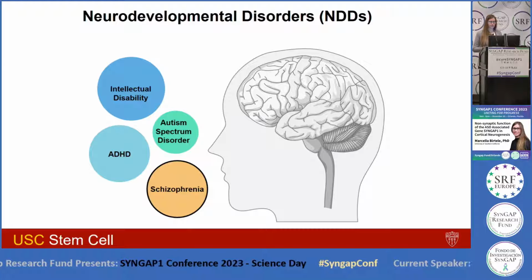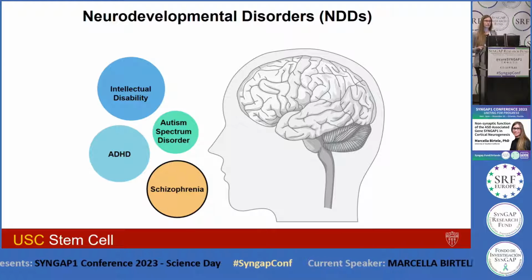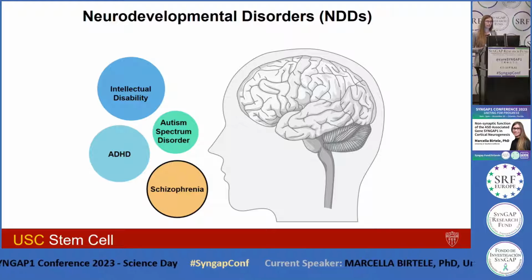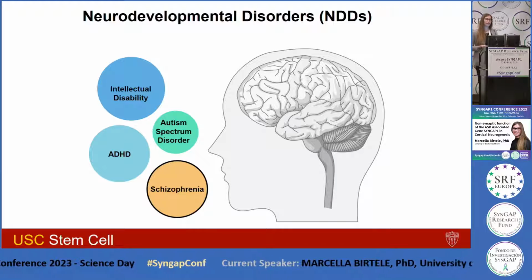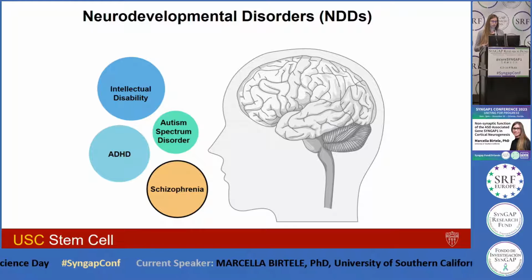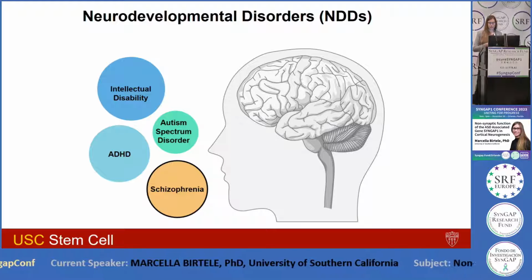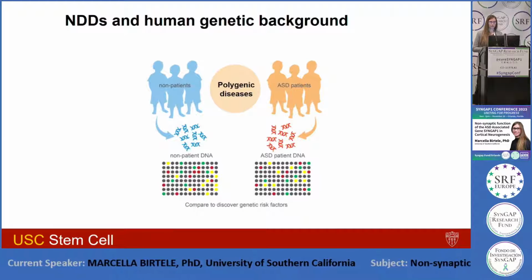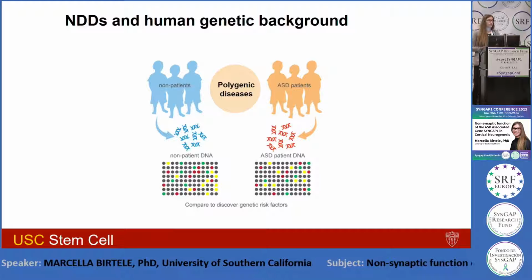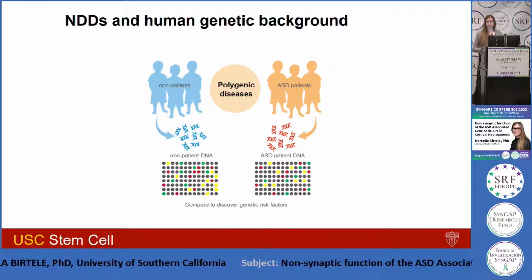neurodevelopmental disorders. And as we know, NDDs have a very heterogeneous clinical phenotype, also a very heterogeneous neurobiology, and a huge diversity of genetic causes. So if we look at NDDs, we know that most of these disorders are polygenic.